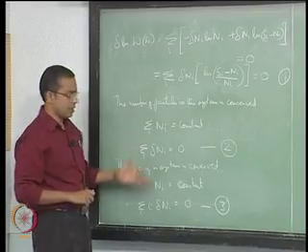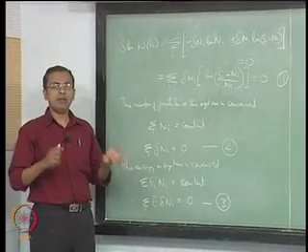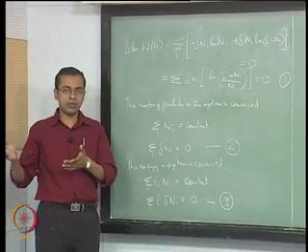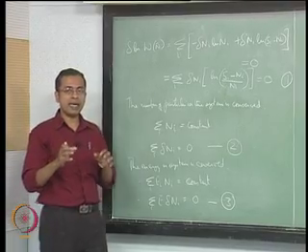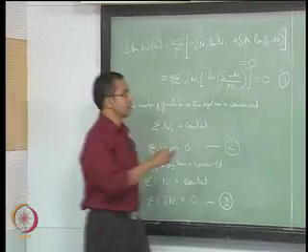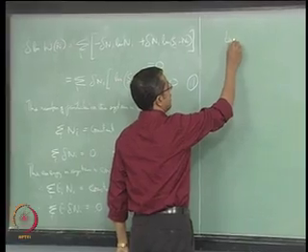Now having got these 3 equations, we will use the method that we used when we derived the Maxwell-Boltzmann statistics, which is the Lagrange method of undetermined multipliers. So we have to use the Lagrange method of undetermined multipliers.